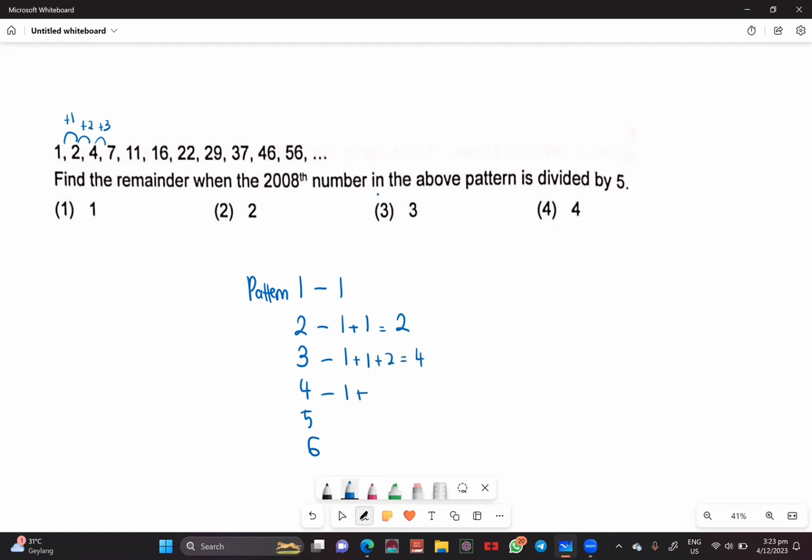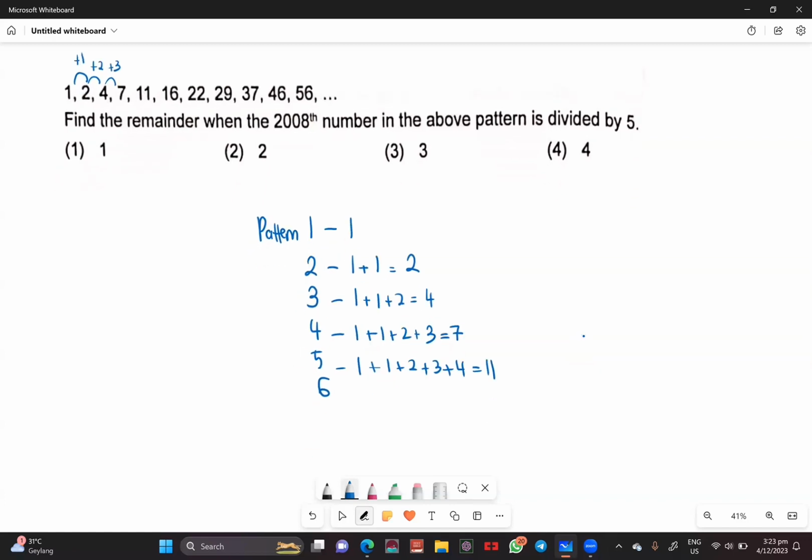Pattern number 4, 1 plus 1 plus 2 plus 3, which is equals to 7. Pattern number 5, 1 plus 1 plus 2 plus 3 plus 4, which is equals to 11. Pattern number 6 is basically 1 plus 1 plus 2 plus 3 plus 4 plus 5, which is equals to 16.